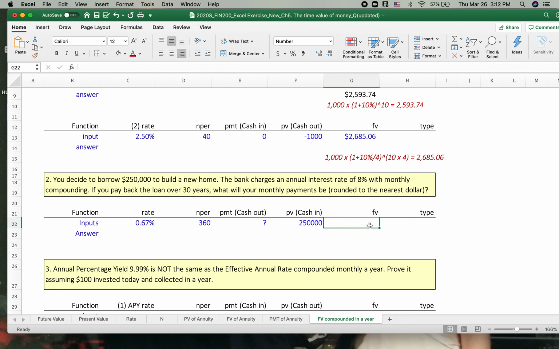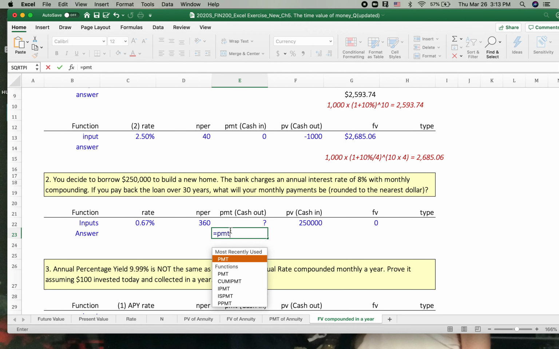So the future value at the end of the day, we don't owe any amount of money because every month we pay a certain amount of payment. So the payment function, the monthly rate, and 360, skipping the objective, the present value, and the future value. Then we're done.